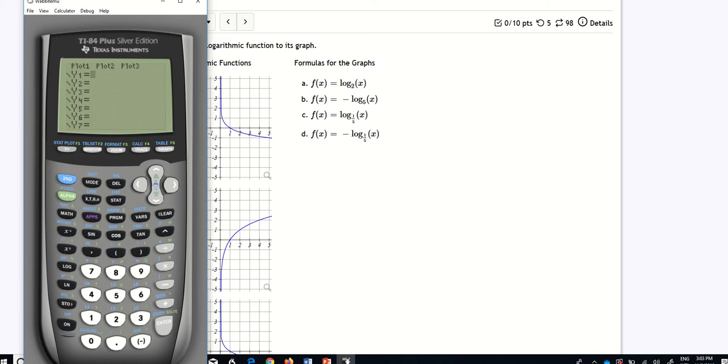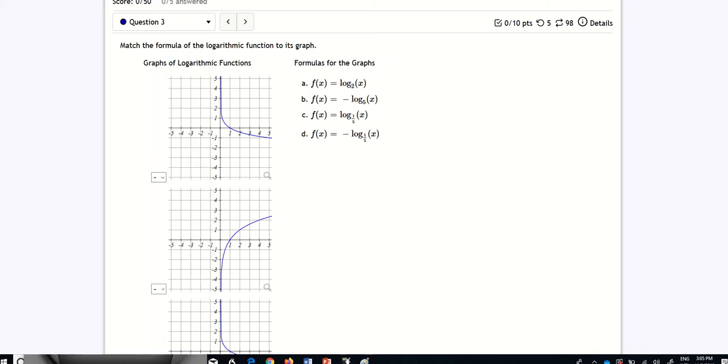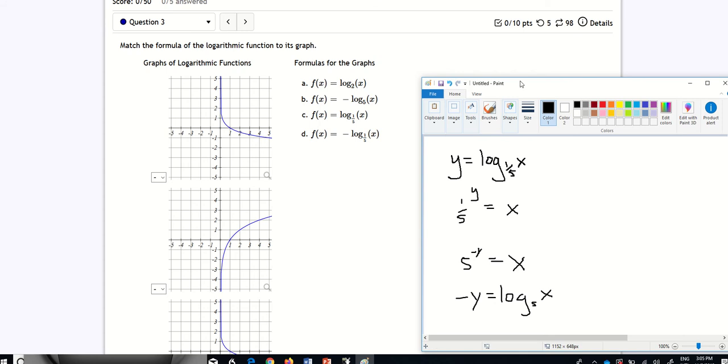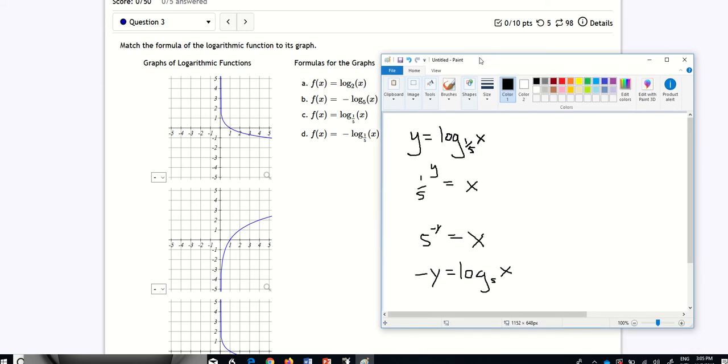There's a reason for this, and I'll show you. If you think about this function y equals log base 1/5 of x, if you rewrite it in exponential form, you can think of it as 1/5 raised to the y power is equal to x. But 1/5, you could also think of as 5 to the negative first, and all of that raised to the y power.